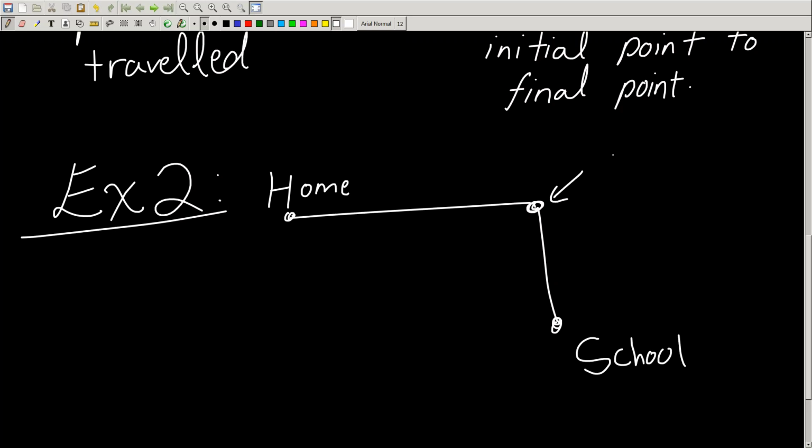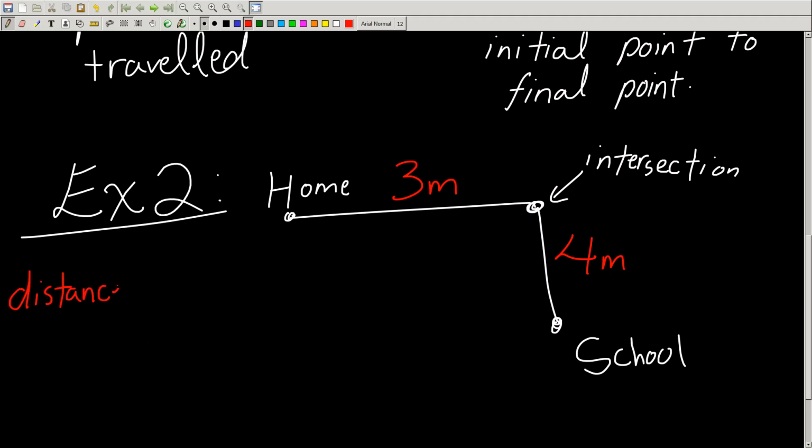I have to reach some intersection before I actually reach school. And let's say that this distance is 3 meters, and that distance is 4 meters. What I would then say is that the total distance that I've traveled is equal to 3 plus 4, which is 7 meters.